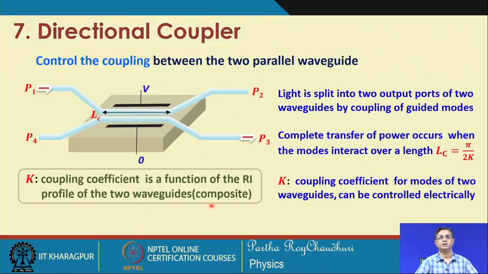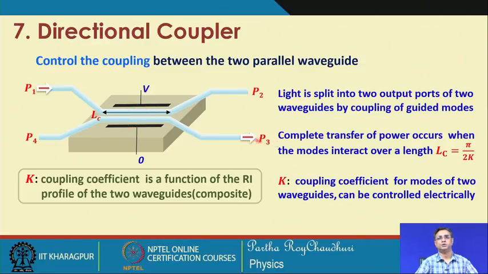By controlling the voltage across the waveguides of the coupler, one can modulate the refractive index, which will modulate the phase of the light travelling through, and the splitting ratio can be controlled, and this is very useful.